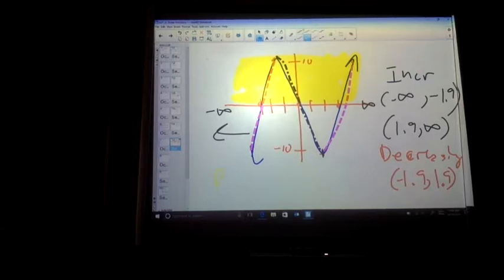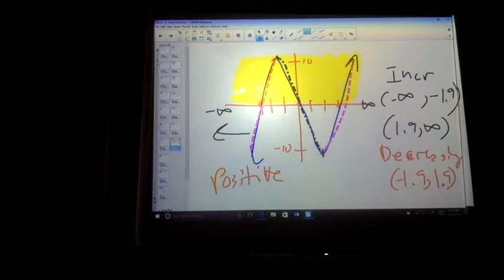So the domain and range are what again? Domain and range are both negative to positive infinity because it's continuously going to the left, continuously going to the right, it's continuously going down, it's continuously going up. Even though there's a wiggle in there. You see the wiggle? It's where it changes directions a couple times.